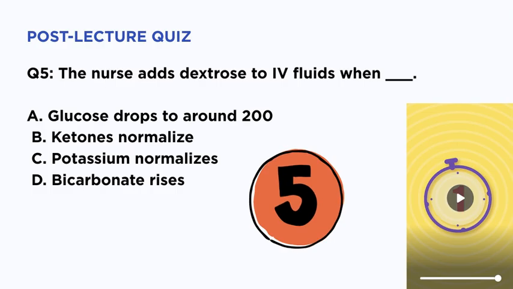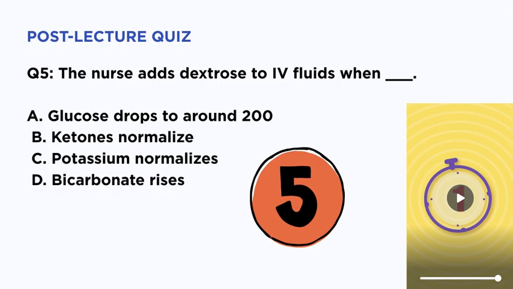But in your board exam, they're going to use the number 250. But the correct answer here is letter A, and the reason why, because I didn't put 250 in there. So insulin lowers glucose fast. When glucose reaches around 200 to 250, adding dextrose prevents hypoglycemia, while insulin tries to clear the ketones.